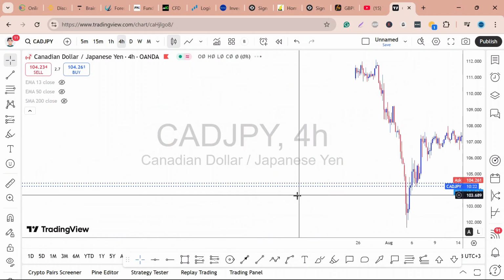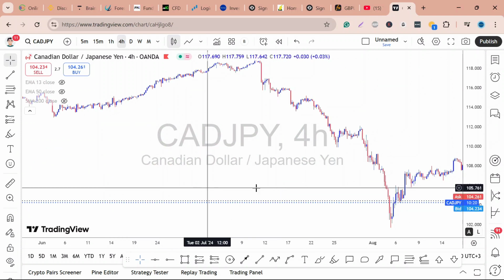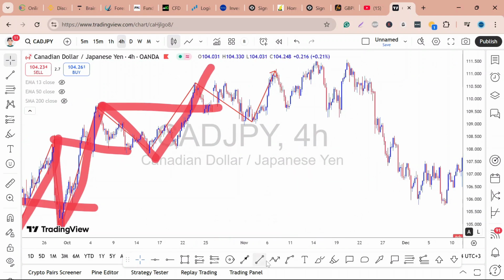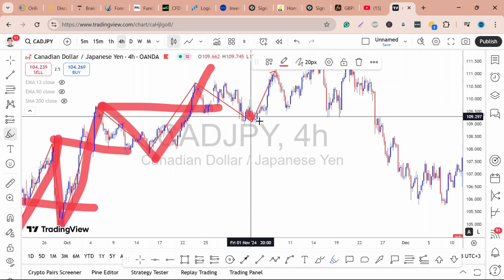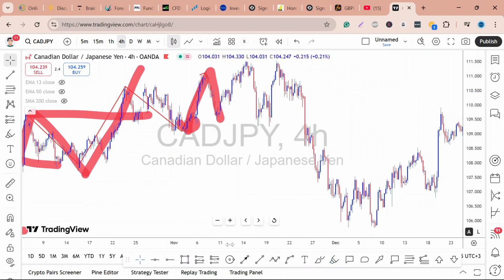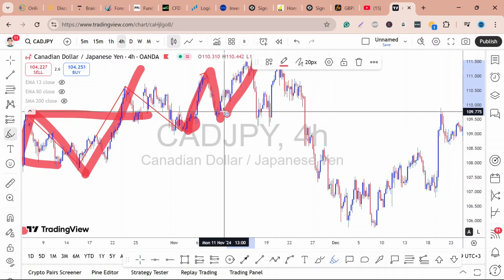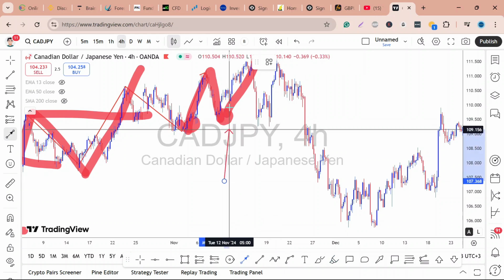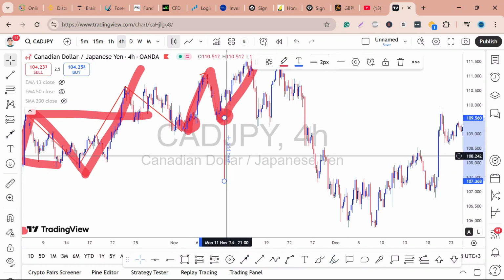Now, for instance, in this case, as you can see, there was a change of this another high. At this point, we can identify this as the last higher low that was formed in the market.